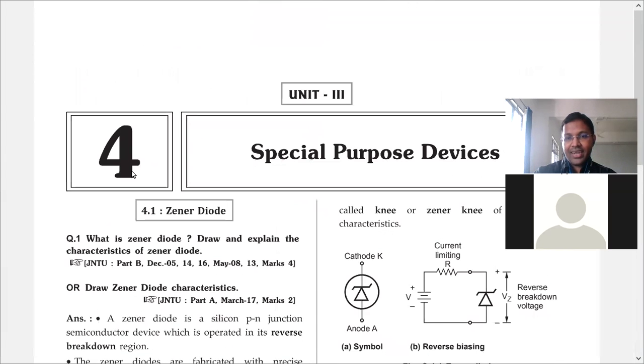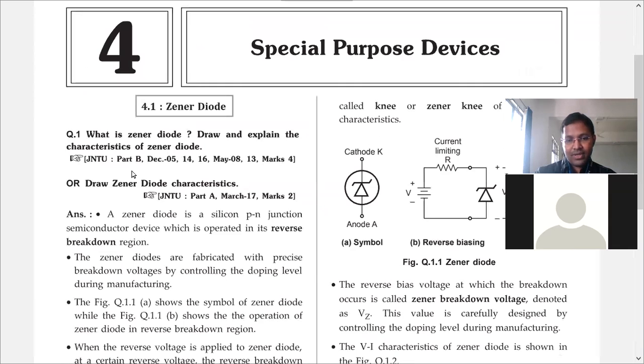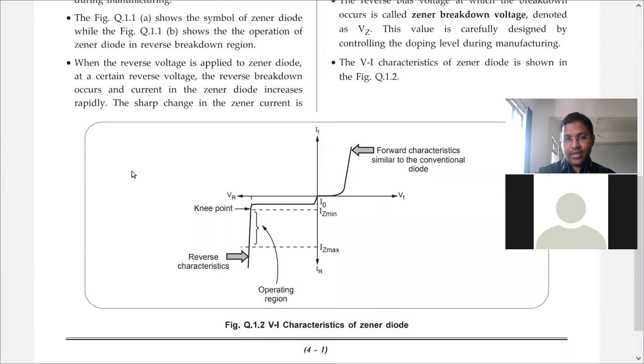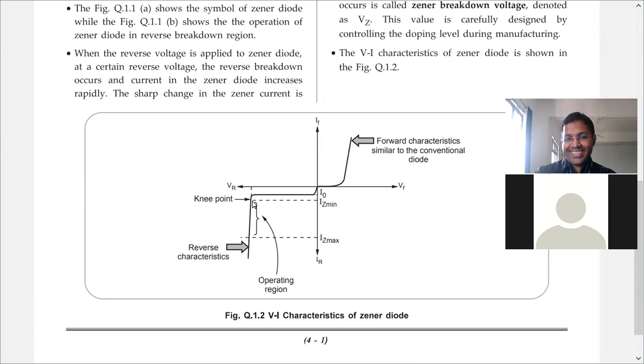Next, let us see this particular characteristic. This region is called the breakdown region, because here the Zener diode has broken down, so large current is flowing.